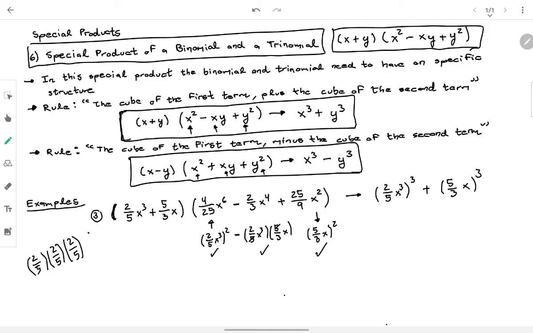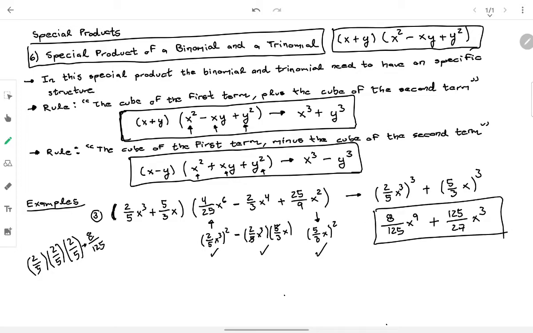It's going to be 8 over 125. So it's going to be 8 over 125 x to the 9 plus 125 over 27 x to the third. And this is going to be our final and correct answer.